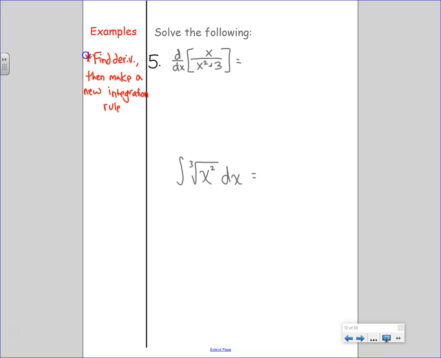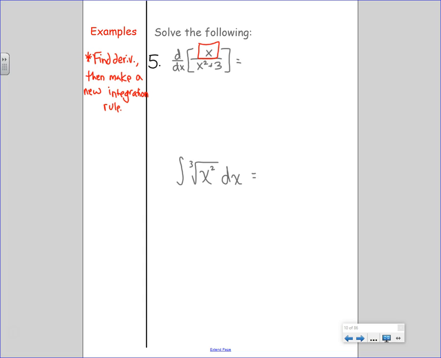If every integral is just a derivative backwards, and as you guys saw yesterday, all of those integration rules came from derivative rules. Technically, they could give us any function and say, hey, derive it, and then be like, hey, look, a new integration formula that goes backwards. How would we derive this guy?